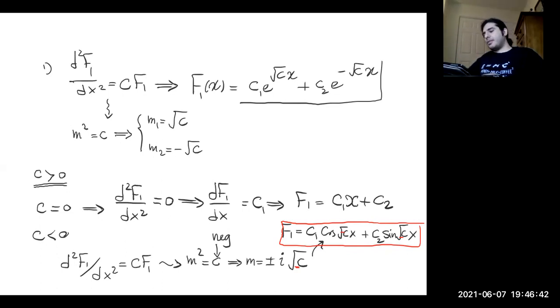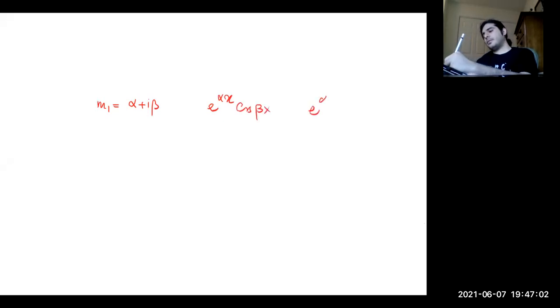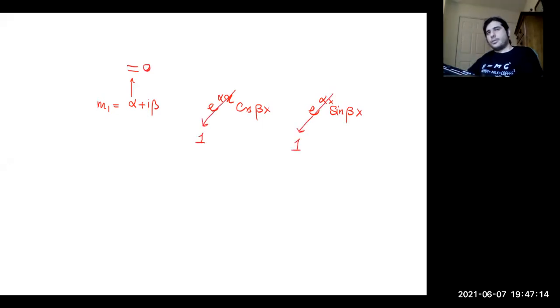As a reminder, in general, if the solutions to the characteristic polynomial are complex numbers of the form alpha plus i beta, the solutions are e to the alpha x cosine of beta x and e to the alpha x sine of beta x. Here for us, alpha was equal to 0, so e to the alpha x would be equal to 1. So we just had cosine of beta x and sine of beta x.